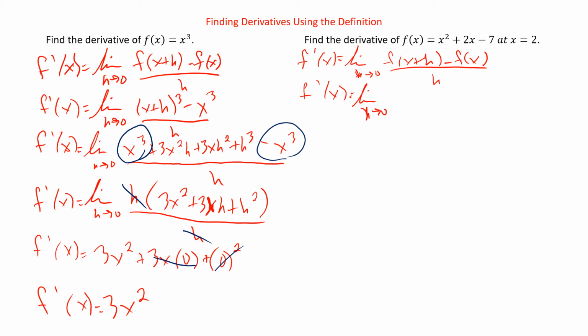So we'll have x plus h squared plus 2 times x plus h minus 7, and then minus the function, x squared plus 2x minus 7.